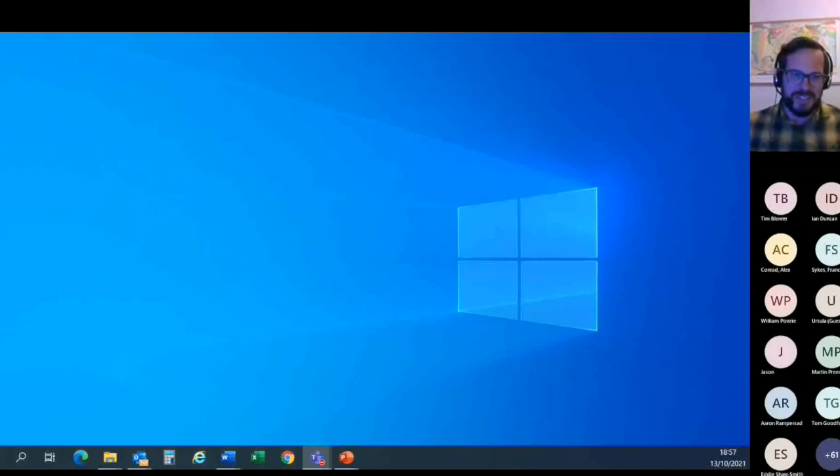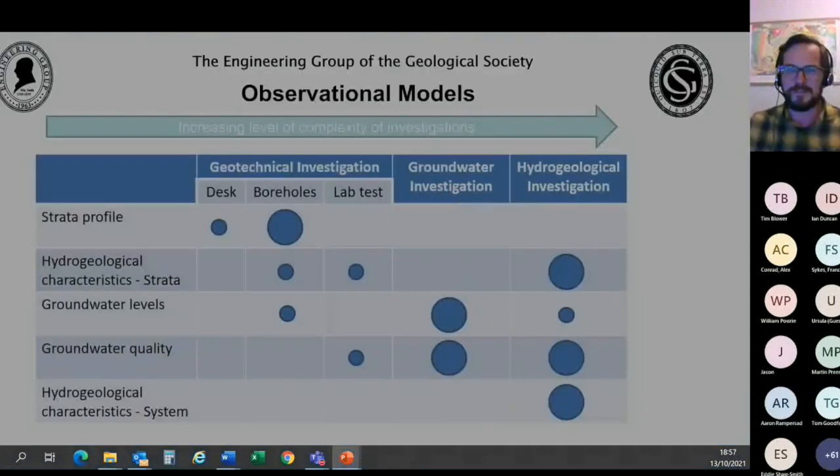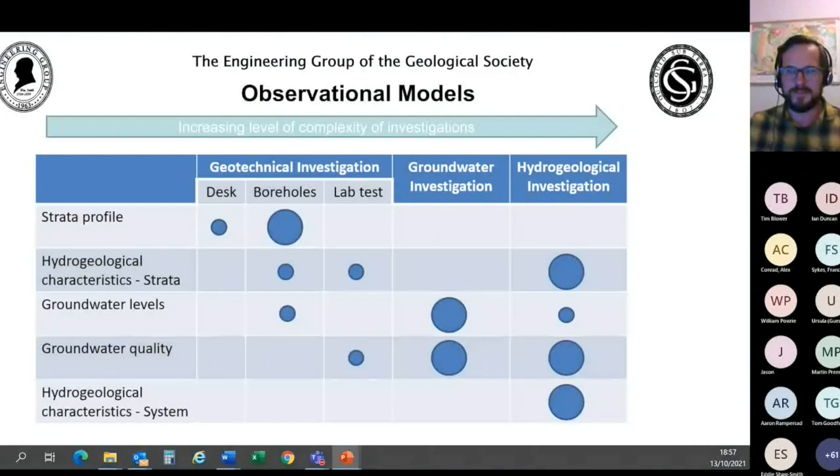Okay, no worries, it might be somewhere hidden. Yeah, someone shuffled the deck. No, it's hidden. Okay. There we go. I hope it's been worth the wait. There we go. Perfect, thank you.